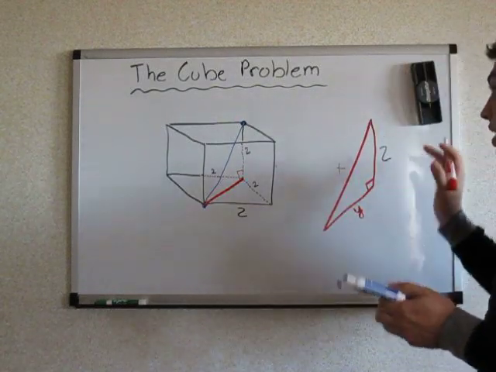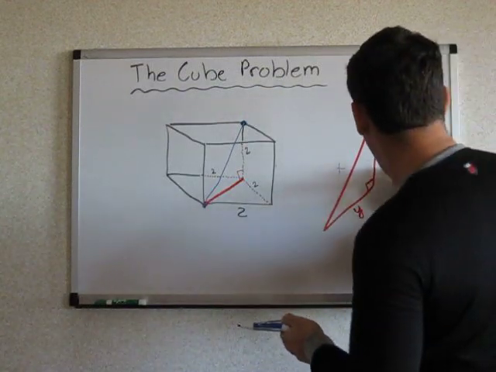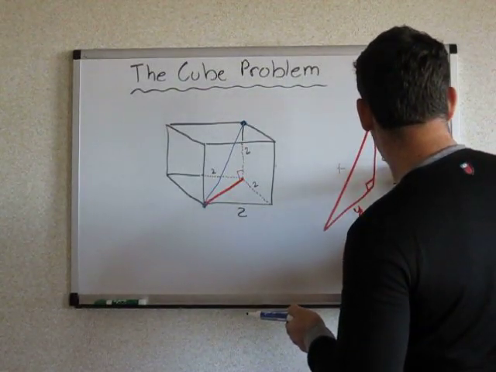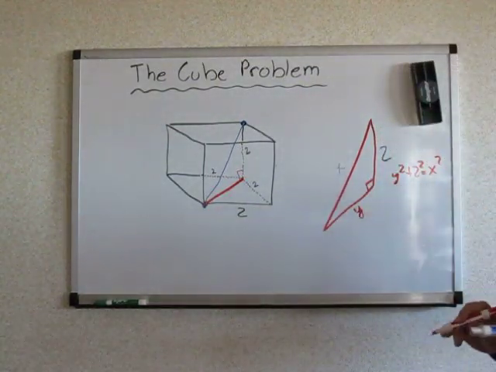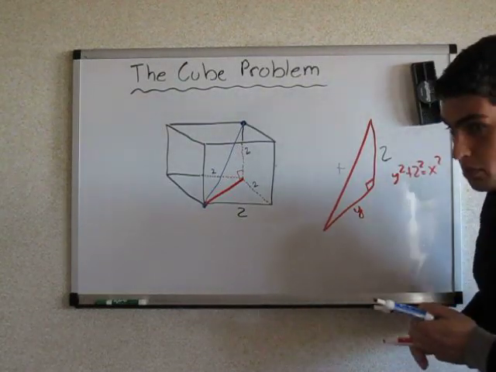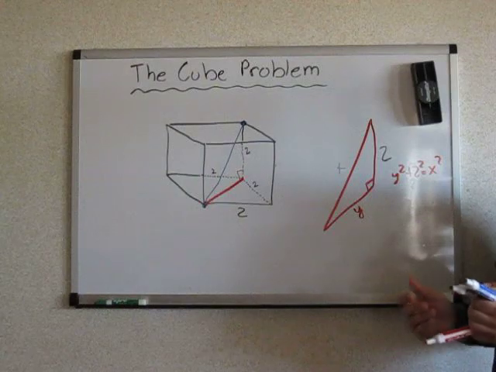Okay? So now we have, again, 3 variables. We can't do much with it. We're stuck with y squared plus 2 squared equals x squared. We can't solve for this because we have 2 variables here, which means we possibly might need a third triangle.